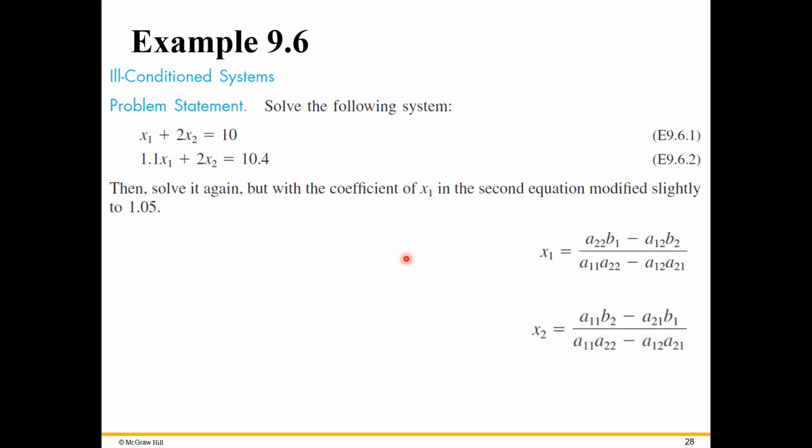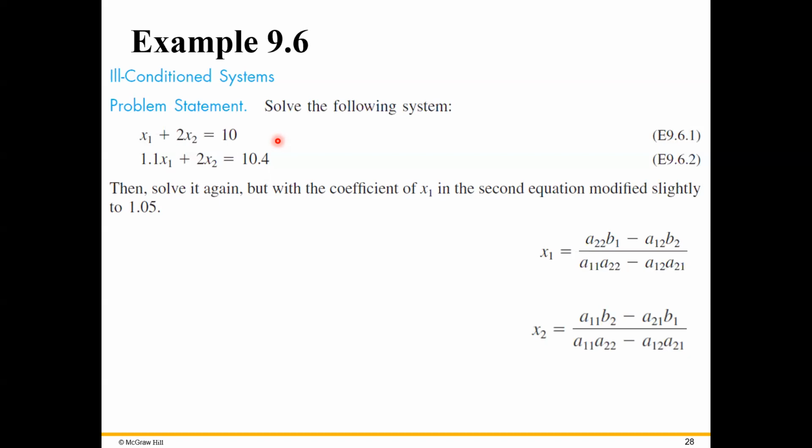Suppose we have this system: x1 plus 2x2 is equal to 10 and 1.1x1 plus 2x2 is equal to 10.4. For this system we say that it is ill-conditioned, but we want to illustrate whether it is an ill-conditioned system or not.